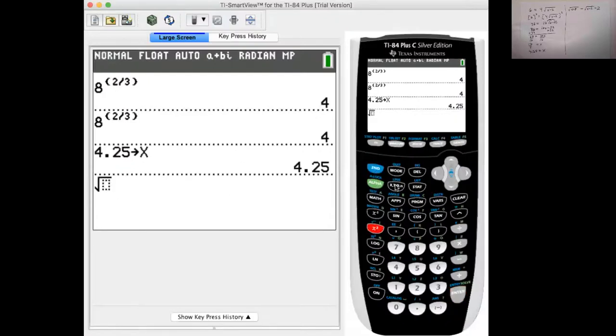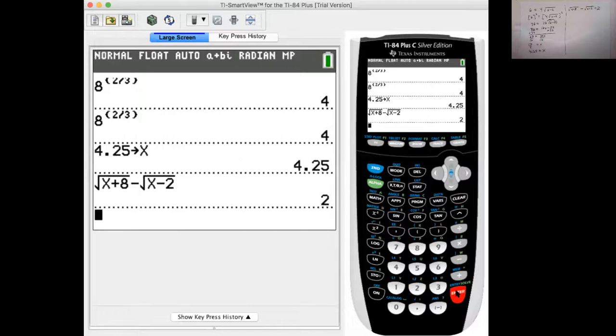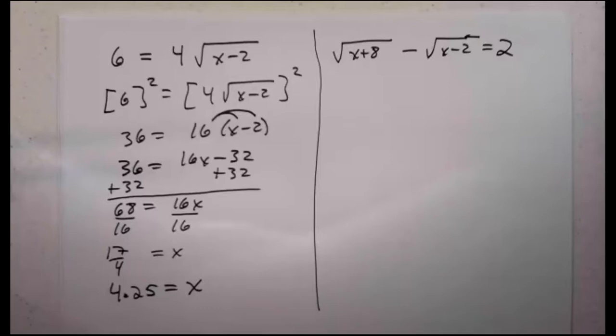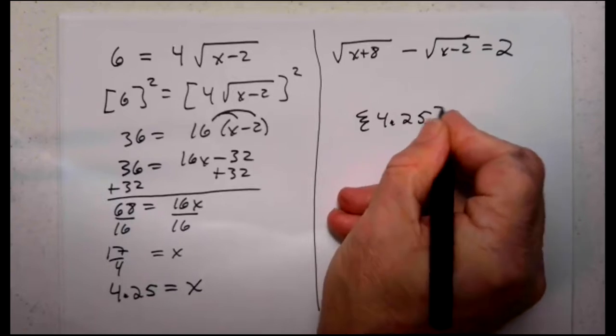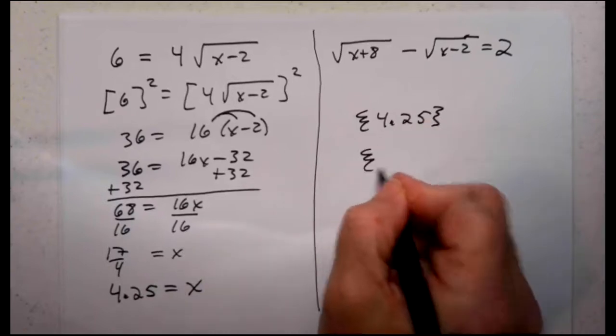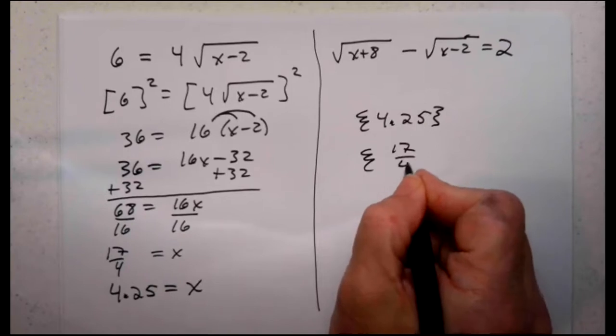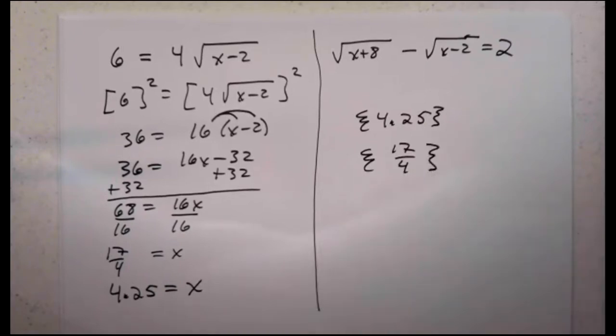Square root of x plus 8 minus square root of x minus 2, and we hope the answer is 2, and it is. So that checks, which tells me then that my solution set is indeed 4.25, or if you want to use fractions, 17 quarters. 4 1/4 is the same thing as 17 quarters.